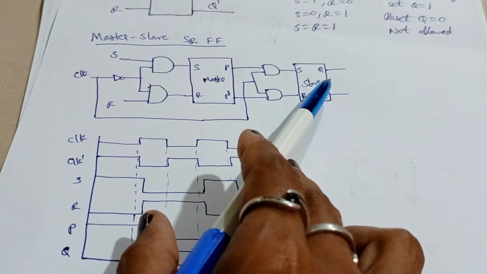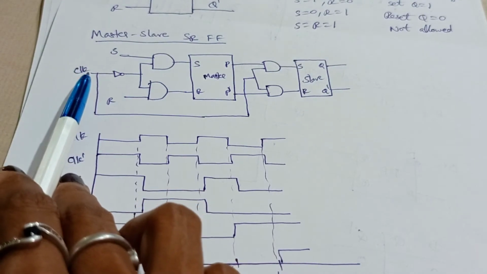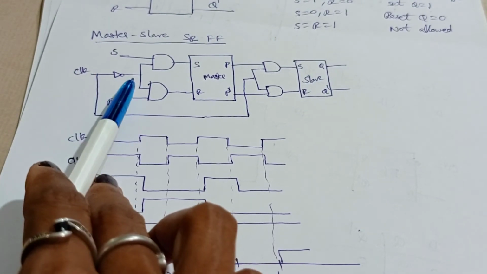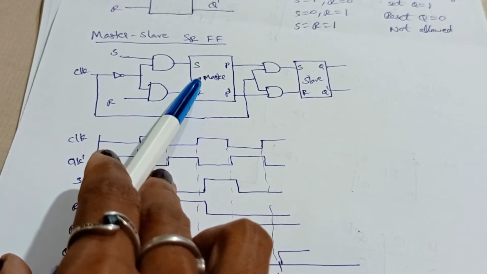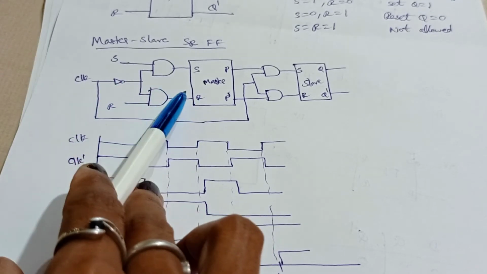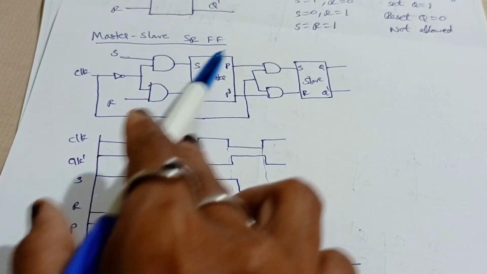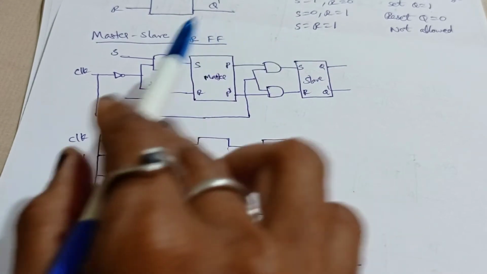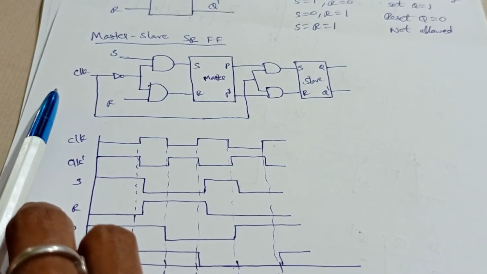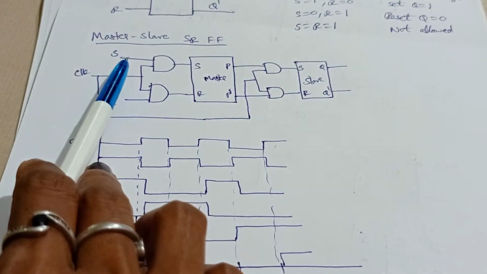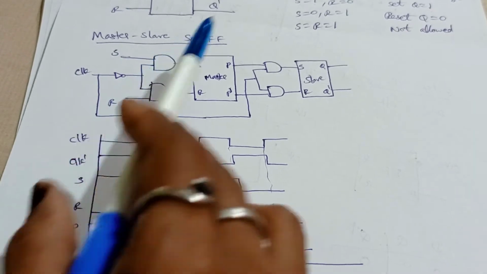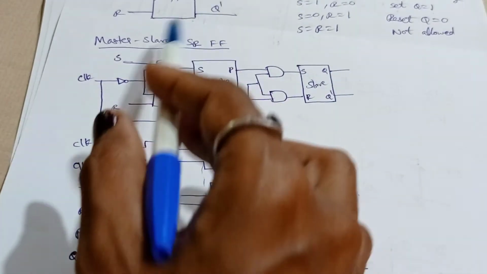The master latch holds the value of P while the clock is 1. Hence, Q does not change. When the clock changes from 1 to 0, the Q value is latched in the slave and the master can process new inputs.